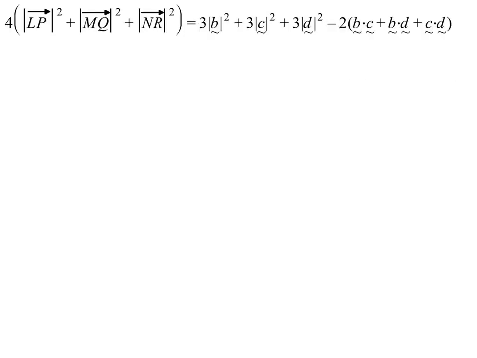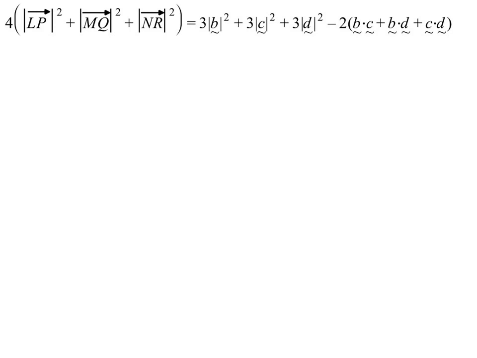So if I add those three things together, but also multiply by 4, which is nice because it gets rid of the quarter for all of them, I'll end up with 3 lots of the magnitude of b squared plus 3 lots of the magnitude of c squared plus 3 lots of the magnitude of d squared and minus 2 these dot products. Okay. Well, that's where I went, okay, where do I go from here?